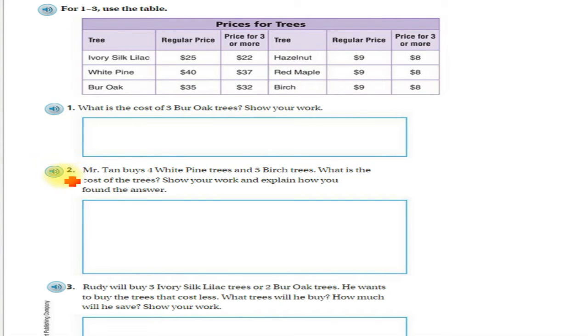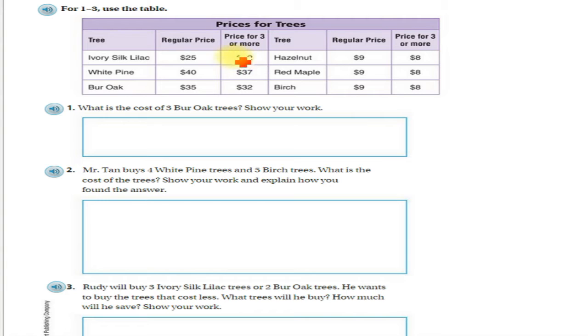Okay, so first I look and I have 3 different kinds of trees here. I have the ivory silk lilac, the white pine, the bur oak, and I have prices here. Now, why are there 2 sets of prices? Well, one is a regular price, and the other is a special price if you buy 3 or more.